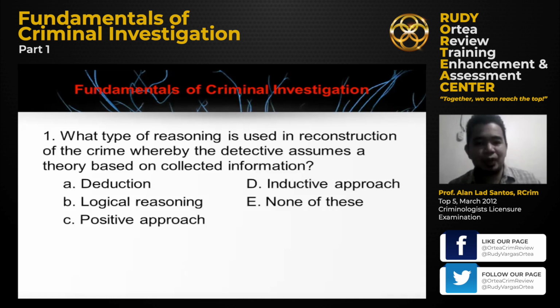So that is the difference, guys, between a deduction and the inductive approach. So the answer, guys, is letter A.